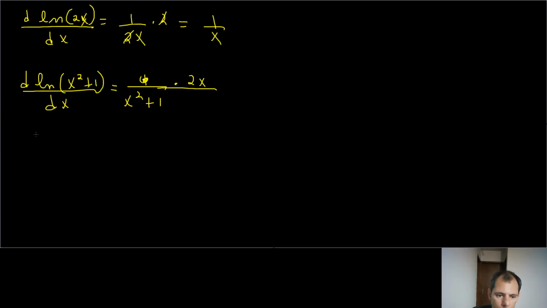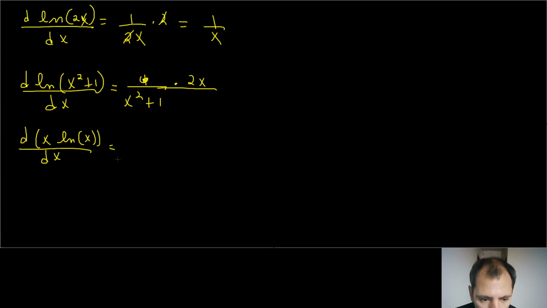Now, the derivative of x ln of x with respect to x. Now we have x in here and you have ln x in here, so we have two functions. We use the product rule for differentiation.